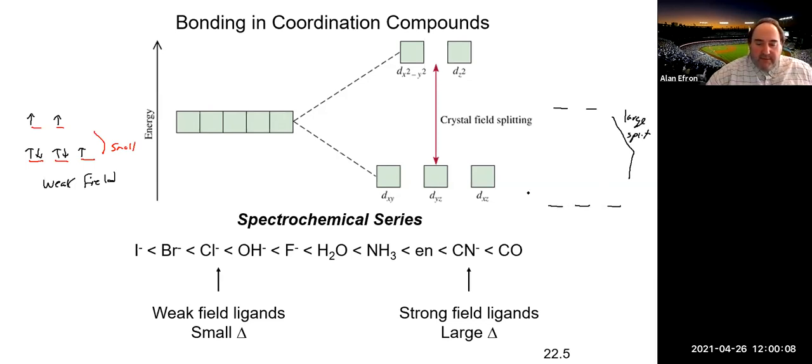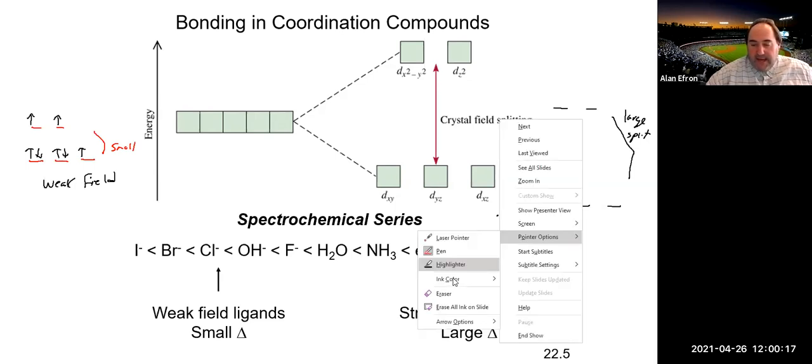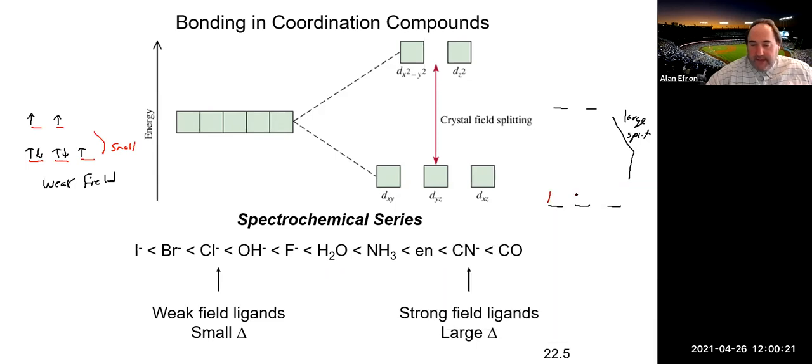And when we have this larger split, what's going to happen is when the electrons populate these d orbitals, they will go this way, they'll go this way, and decide, no thanks, that looks pretty big, and decide to fill up down low first, and then head upward if necessary to do so.